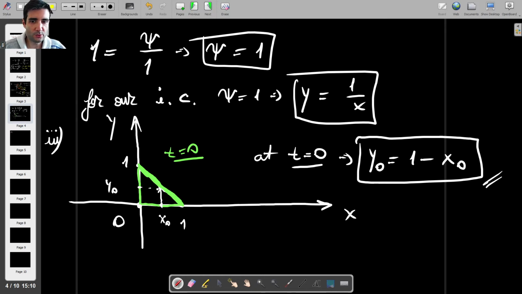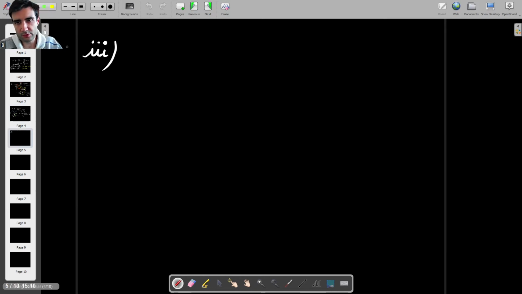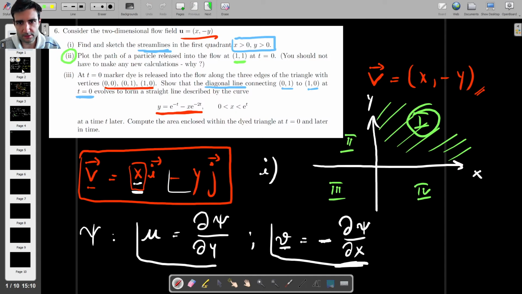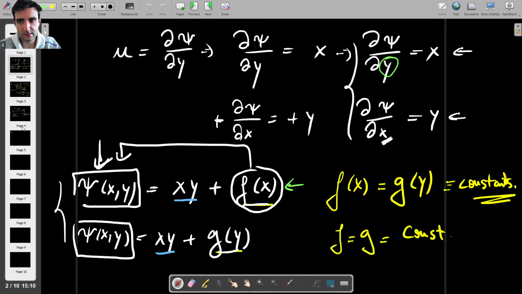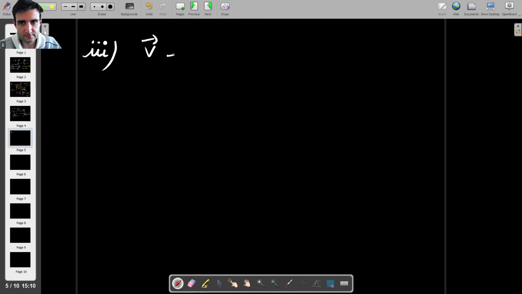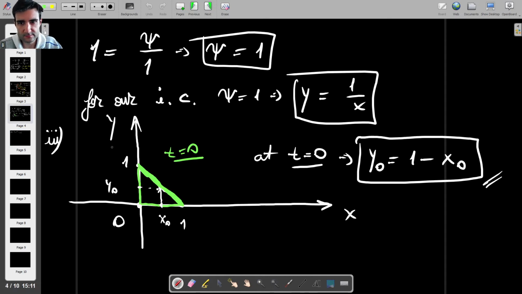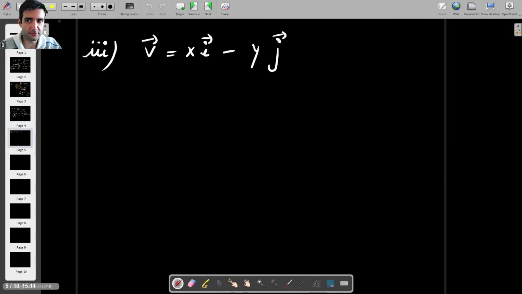And then we have to figure out how this evolves over time. Now, from the previous part of the question, we know a couple of things. We know that the velocity vector is xi minus yj, like this. Knowing this, we can find out where the points on this line, because initially the dye is on this line, actually travel after a certain amount of time.